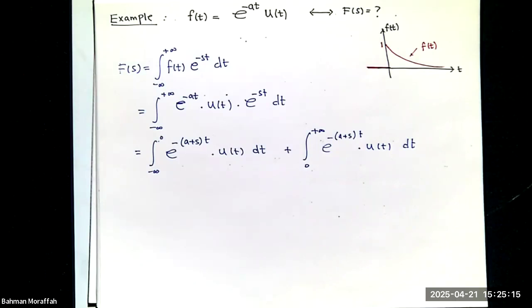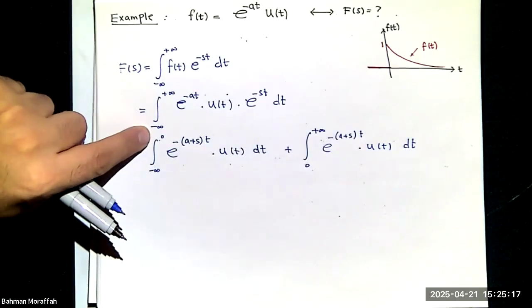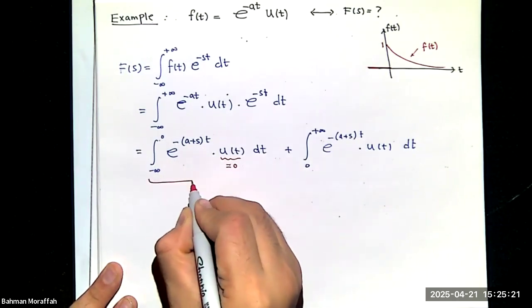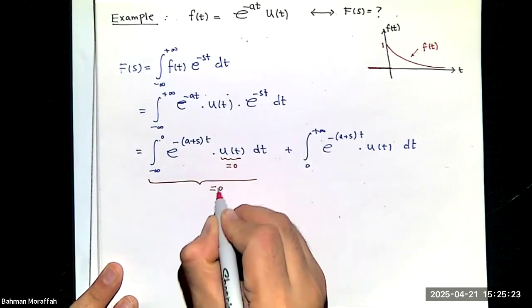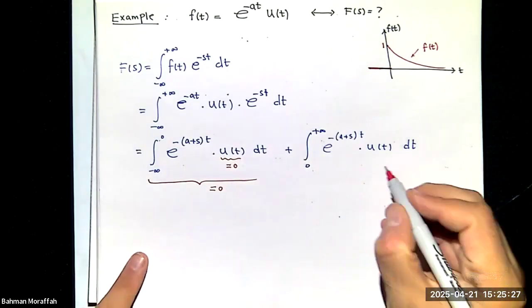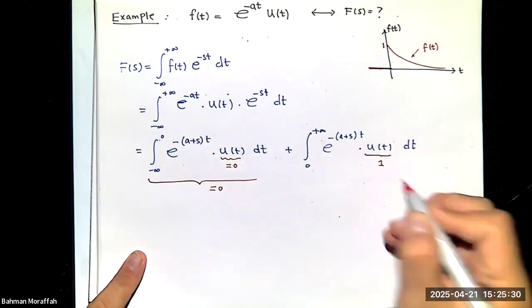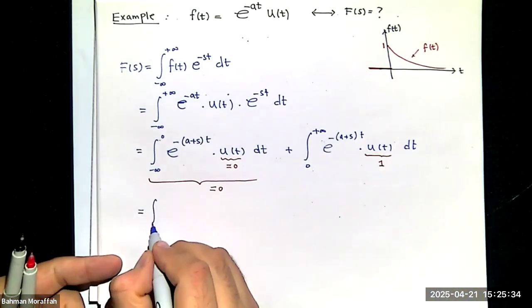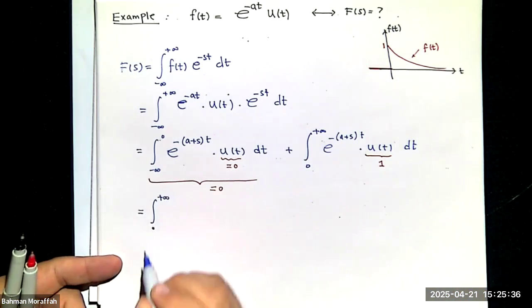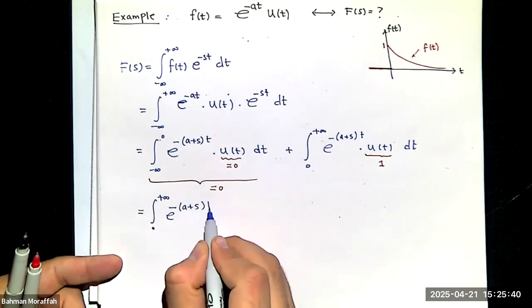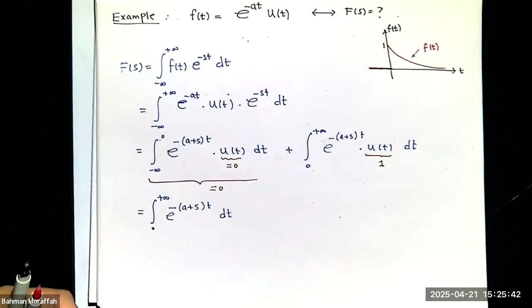Right? For this interval from negative infinity to 0, u of t is 0. Therefore, the whole integral here is 0. For this integral, this u of t is 1. So the whole Laplace transform is the integral from 0 to plus infinity of e to the power of minus (a plus s)t dt, which I know exactly how to integrate.